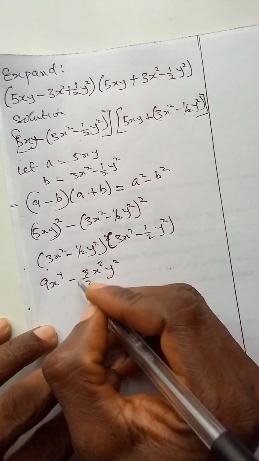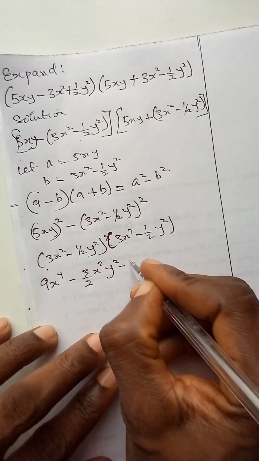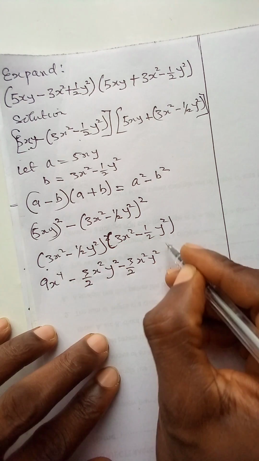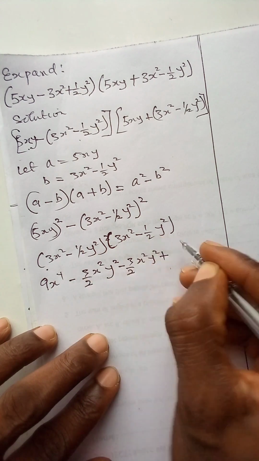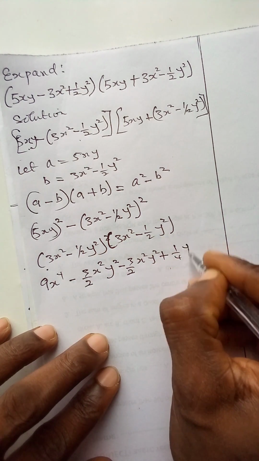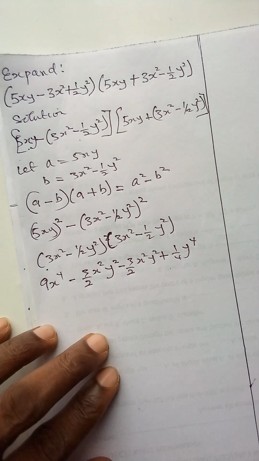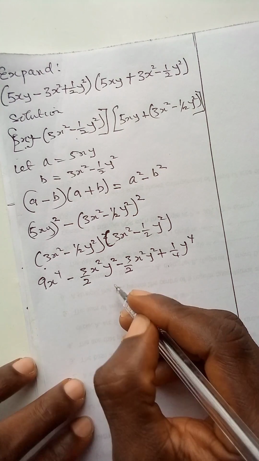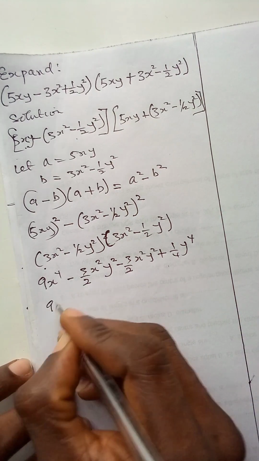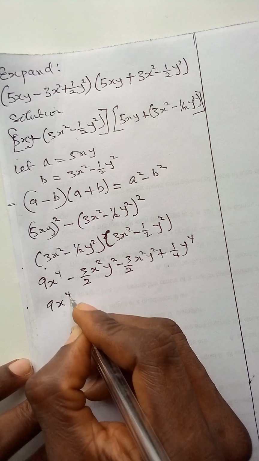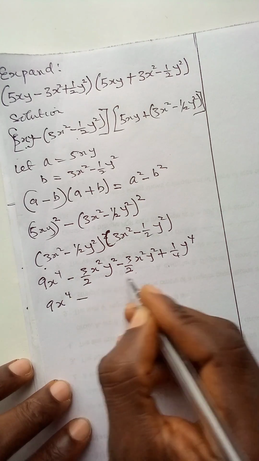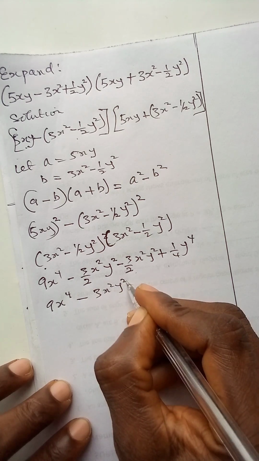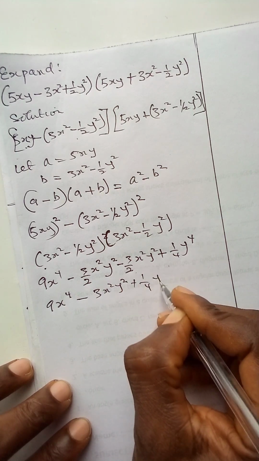Now, this times this will give us the same thing, minus 3 over 2 x squared y squared, and then plus this times this is 1 over 4 y raised to power 4. Yes, we have that. So let's add these two terms together. So we have 9x to power 4 minus 3x squared y squared plus 1 over 4 y raised to power 4.